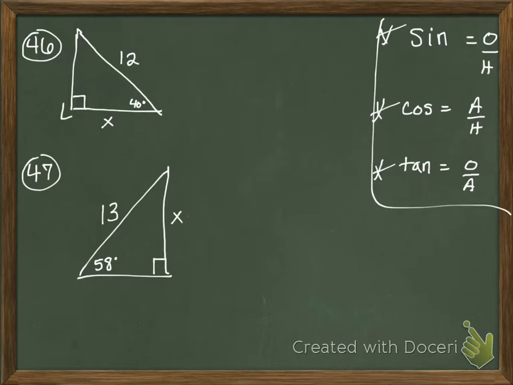We know that's A and B, so my hypotenuse here is where the 12 is. I always, every single time, mark across my angle, and that will take me to my adjacent side, which is A, which means that this is the opposite side. So we think about, what do we have? We have the hypotenuse and we have the adjacent side.